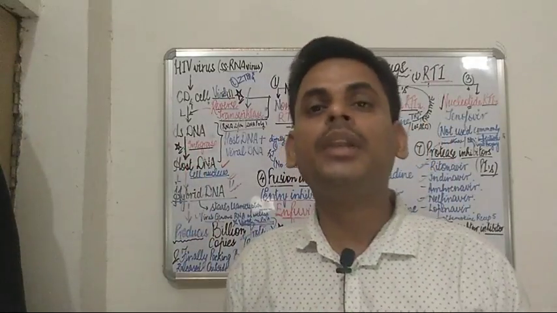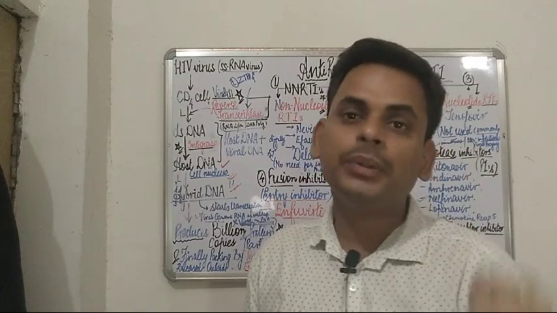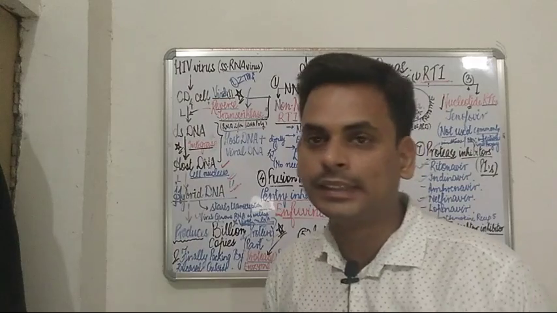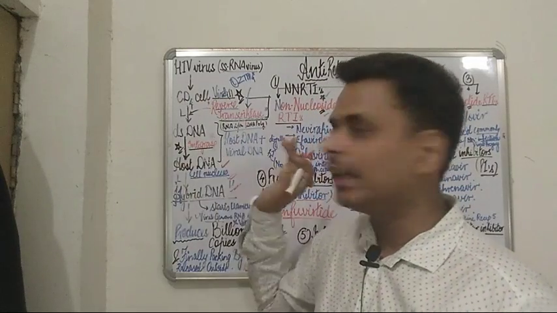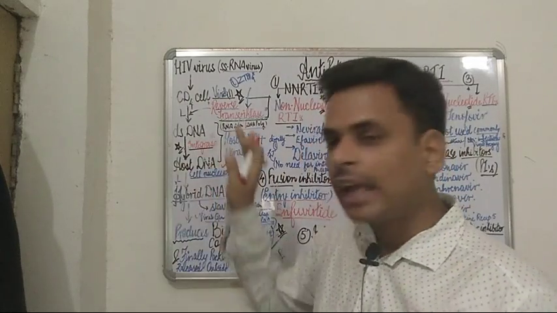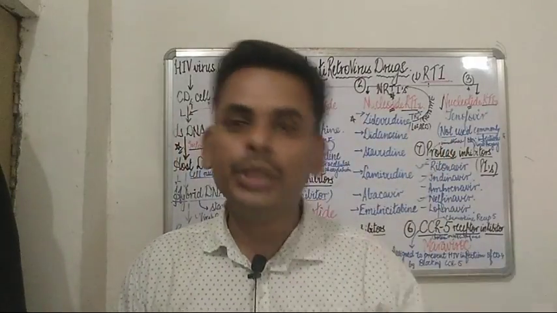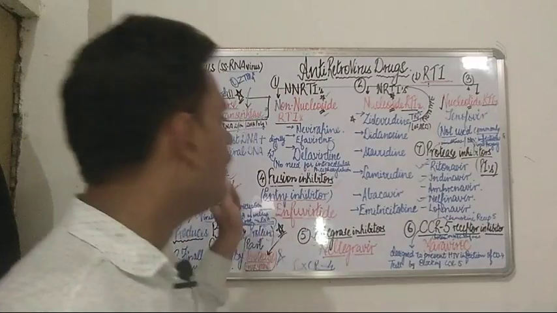It has no such role in preventing the infection of that cell where the viral DNA has already combined with the host cell DNA by the help of the enzyme integrase. It is only helpful in preventing new cells from getting infected by the HIV.